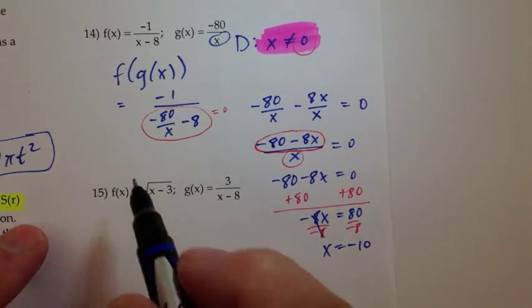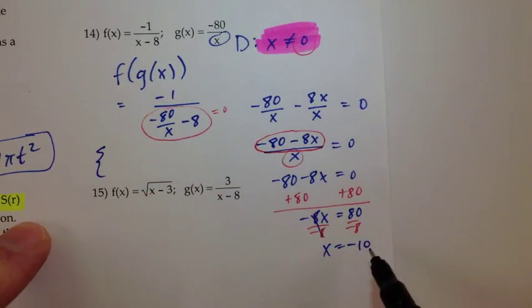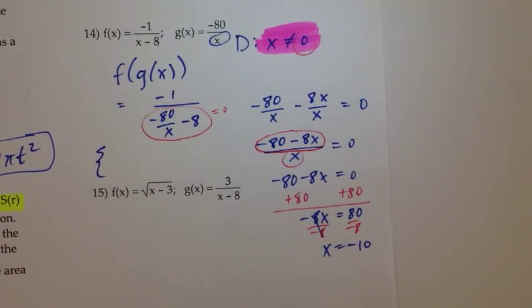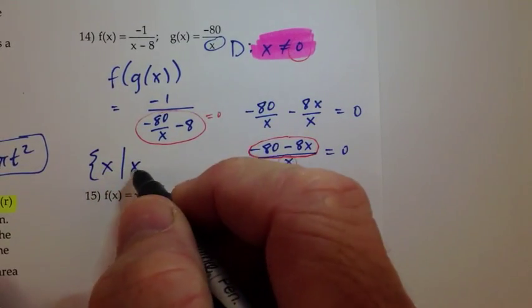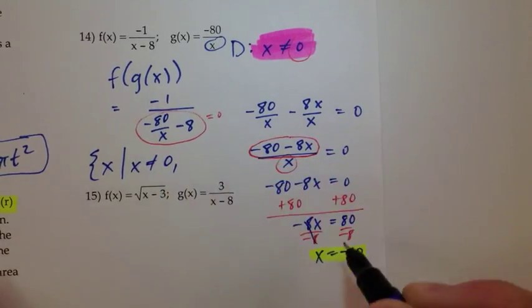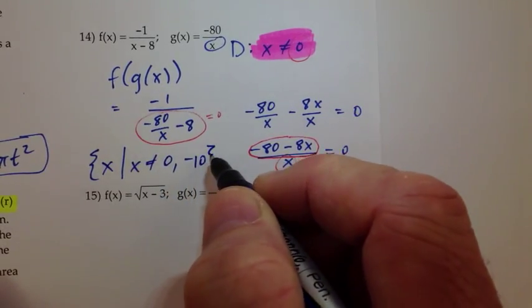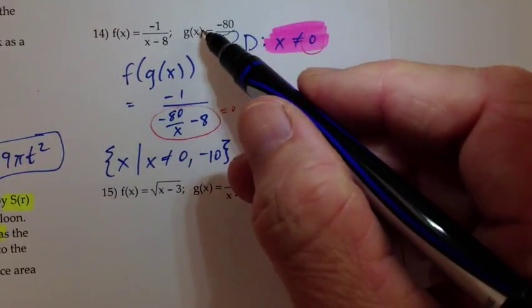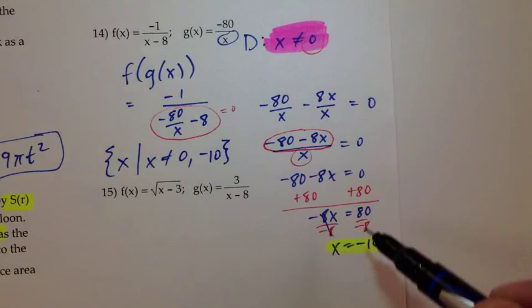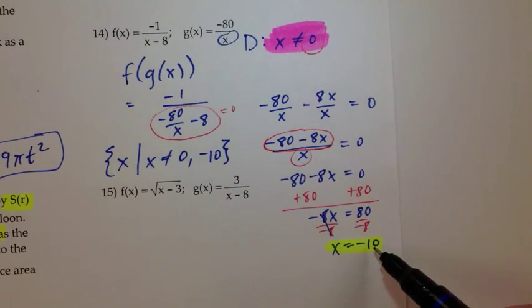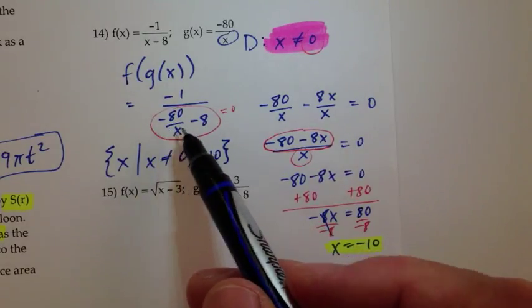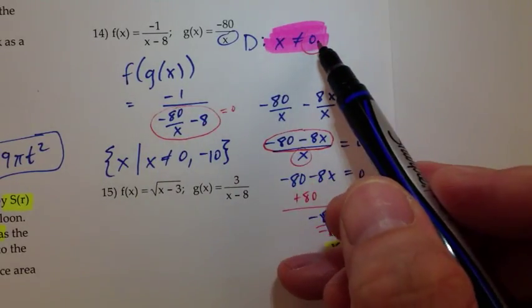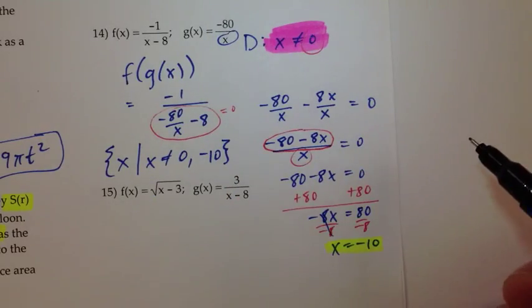So the bottom line is that the domain then is all real numbers x, such that x does not equal 0 or -10. So when you have a highlighter that stands out, you can see the domain of g of x, we eliminated 0, and for the domain of f of g of x, we had to eliminate -10, because -10 would make f of g of x not exist, and 0 would make g of x not exist.